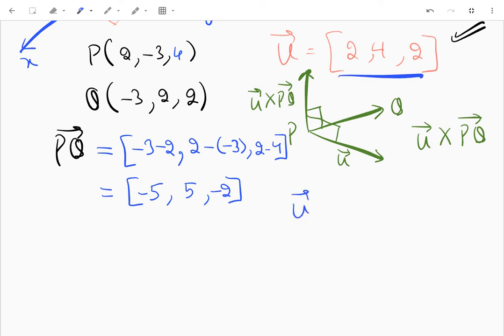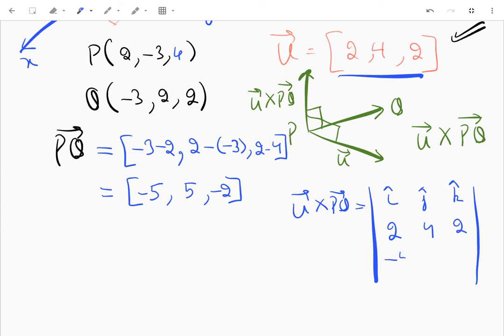Now U cross PQ, we find the determinant. I write the components of U, 2, 4, 2, and negative 5, 5, negative 2. So this vector comes out to be I cap times minus 8. I hope you already know this.